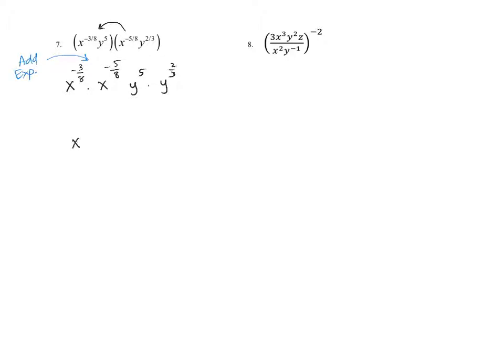Okay, so I've got x to the -3/8 plus -5/8, and then that's times y to the 5 plus 2/3. And my x's already have the same denominator in those exponents, so I get to just combine that. That's x to the -8/8. So that would be x to the -1, which is 1 over x.